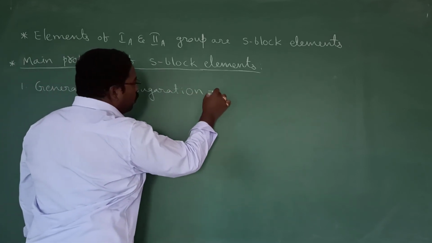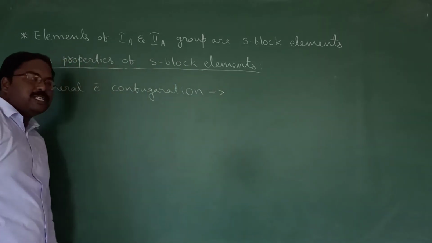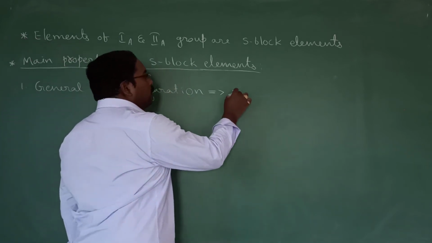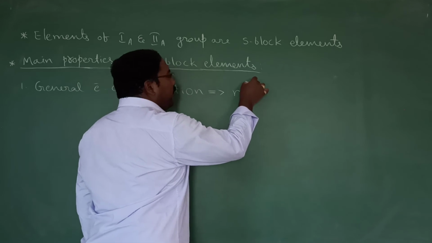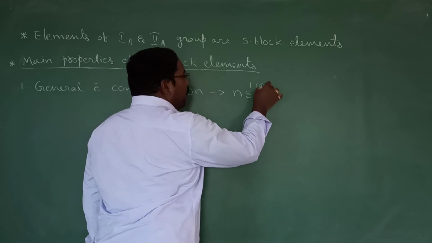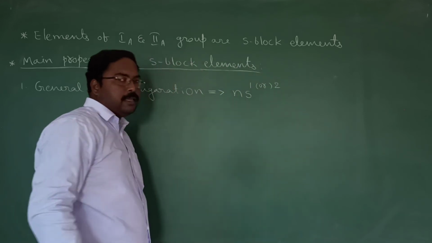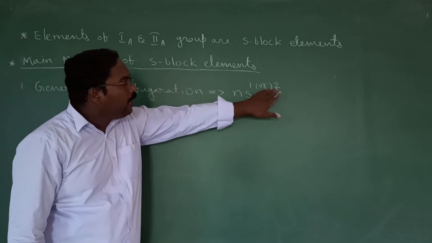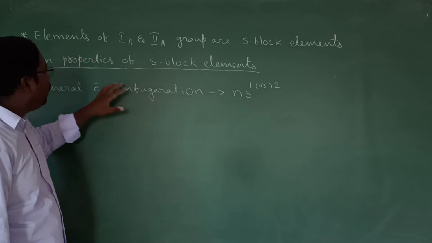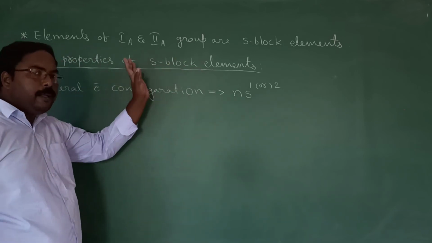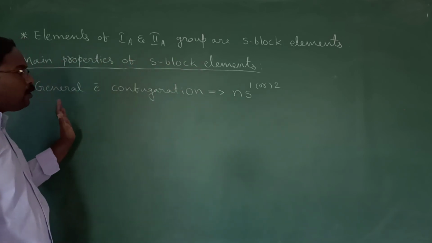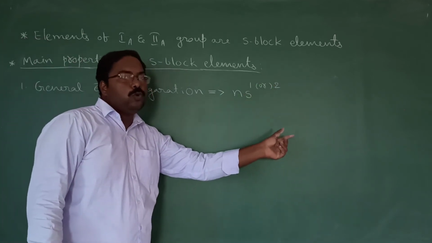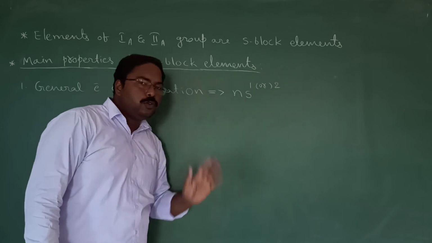There are only two groups. S block means the electron enters into the S orbital, which can accommodate either one electron or two electrons. So the elements with the NS1 or NS2 configuration will come under S block elements. So if they ask for the general electronic configuration, we can say NS1 to 2, or 1 or 2.